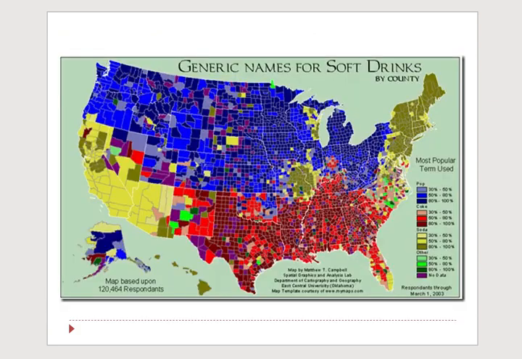This is a map of the generic names for soft drinks. So they're labeling Pepsi, Coke, soda, and other. And you could see that when we are looking at these different colors, they match it to the color brand. So you could also base your colors on your map legend if you're doing brand.